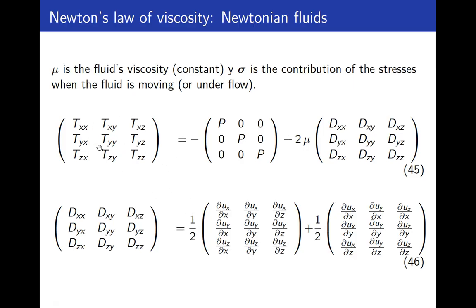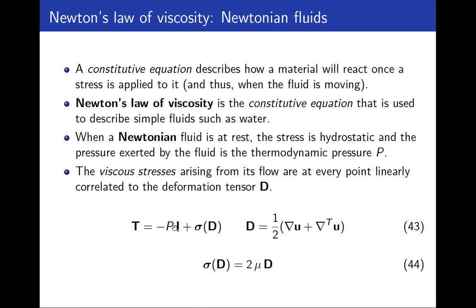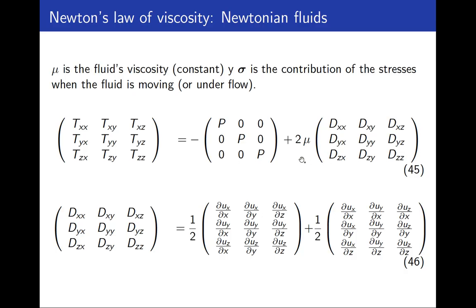So the total stress, as I said before, is a tensor which can adopt the form of a matrix of 3 by 3 elements. The total stress is going to be equal to the pressure, which is only going to be relevant in the diagonal elements of the matrix, this term here, plus the viscous forces.